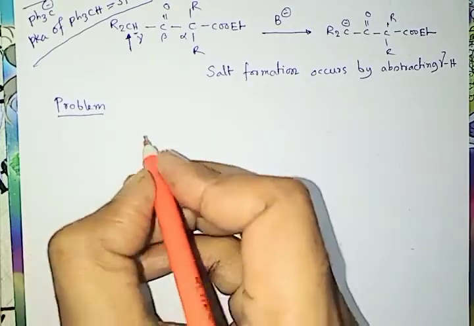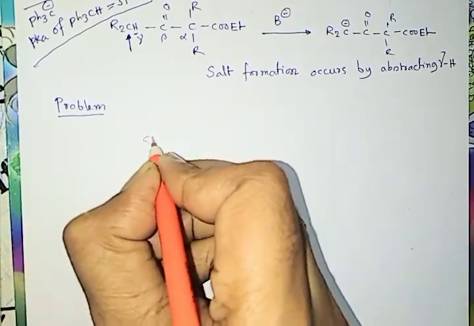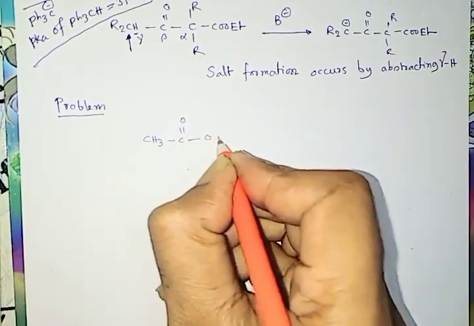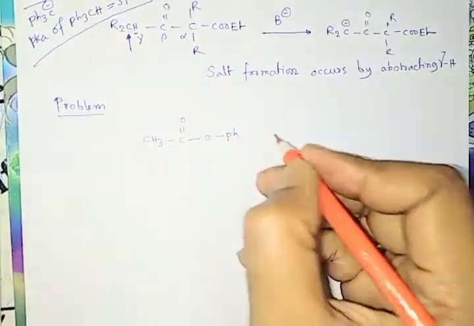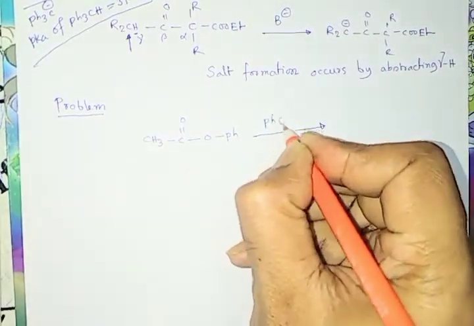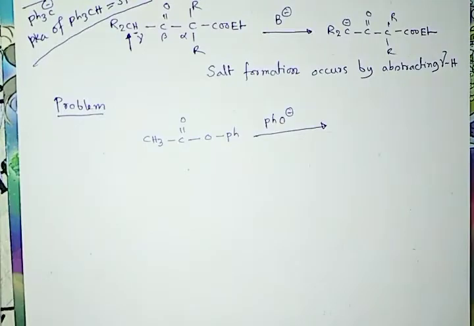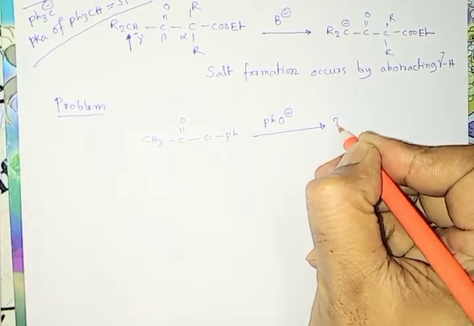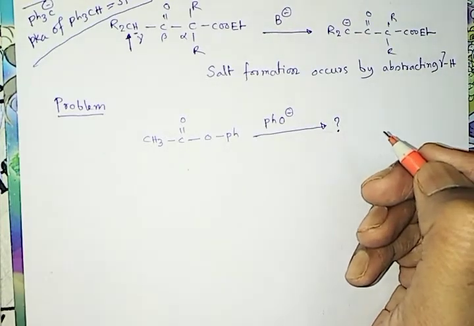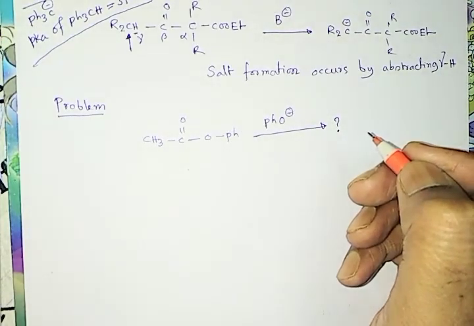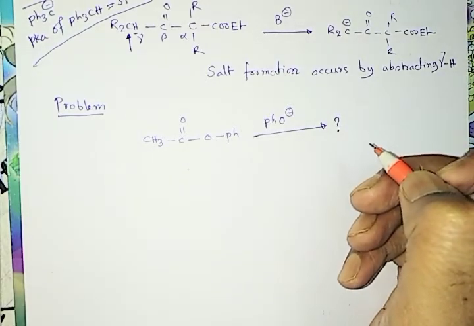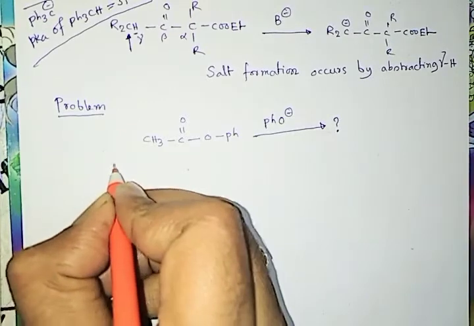Now the problem is, let's say we have this ester, CH3 C double bond O OPh. Now we are giving phenoxide, PhO minus, as base. The question is whether the reaction will occur or not. This is a Claisen condensation reaction we may expect.